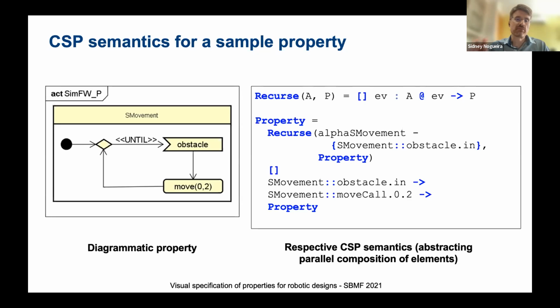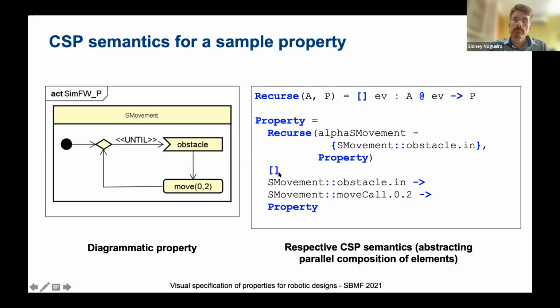The generated CSP specification has a lot of parallel composition, and the behavior of that composition is a process equivalent to the one I'm showing here. If we verify the semantics of this one, it matches the semantics of the property in the CSP generated by the tool. So just to give an idea, the process Property captures the behavior of this property.